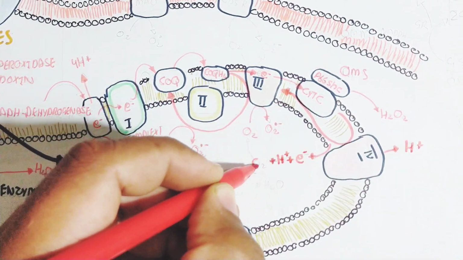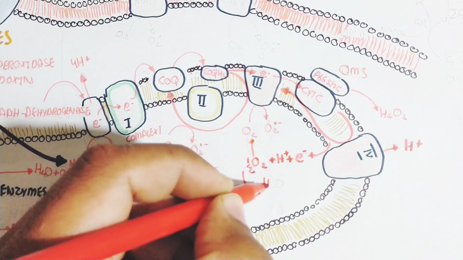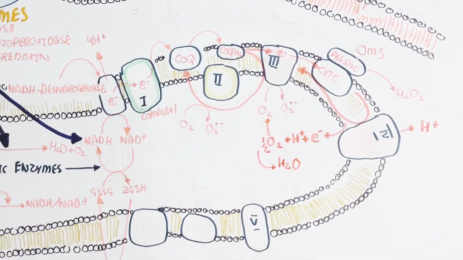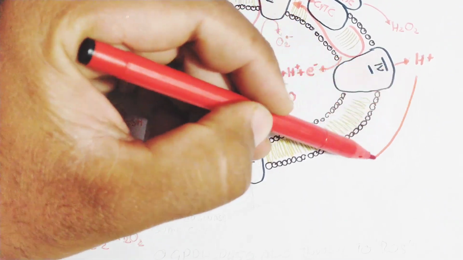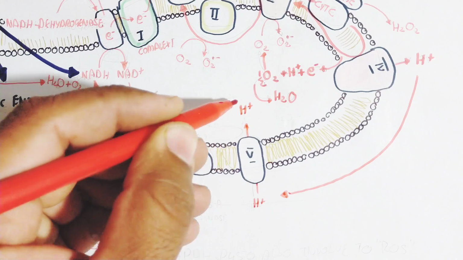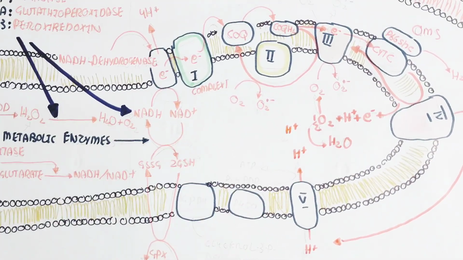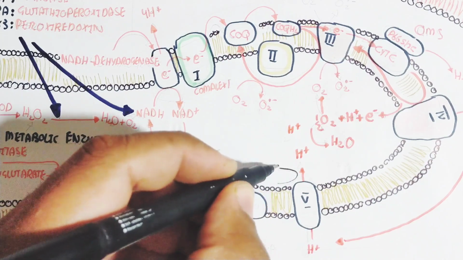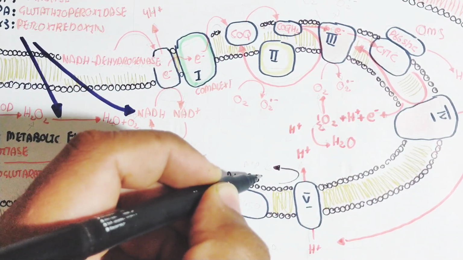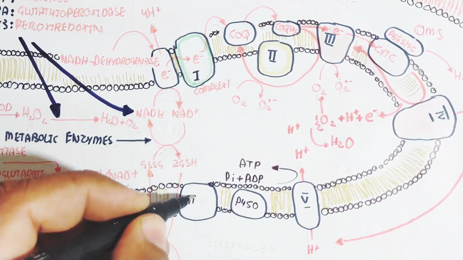The important thing to understand is that half a molecule of oxygen takes a proton and electron, so in this way water is formed. Oxygen becomes a reactive oxygen species when it accepts the electron, so a clearing mechanism is required.